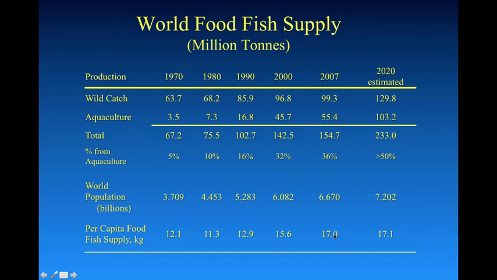And that's an interesting number in itself, because some countries, say Japan, for example, might be 100 kilograms per capita, and other countries might be two or three. My belief is that given a well-priced or competitively priced product against the other meats, people will choose seafood. And so anytime you see numbers that are less than 15 or 20 kilograms per person for that particular country, that means there's a lot of opportunity.